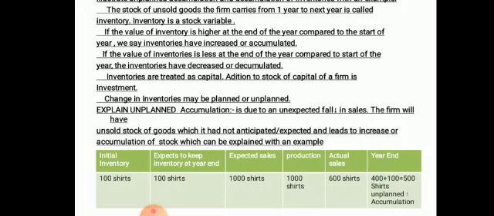There is an unexpected fall in the sales, and therefore there is unexpected accumulation or unplanned accumulation. It had not planned for so much accumulation or stock, that is 400 plus 100, 500 shirts is unplanned accumulation.